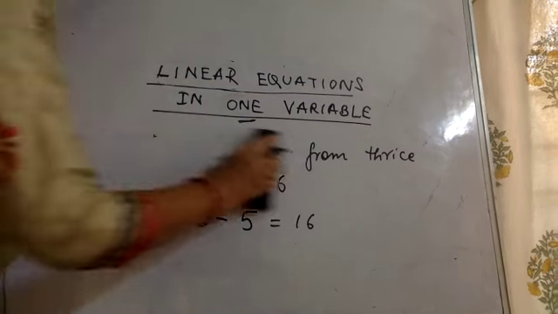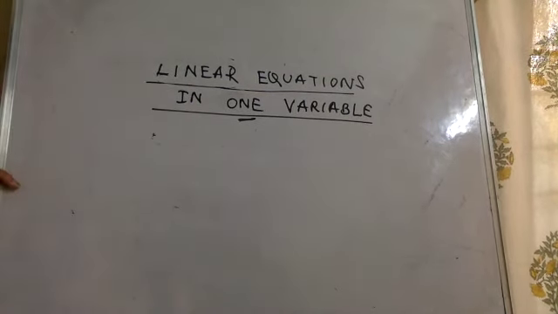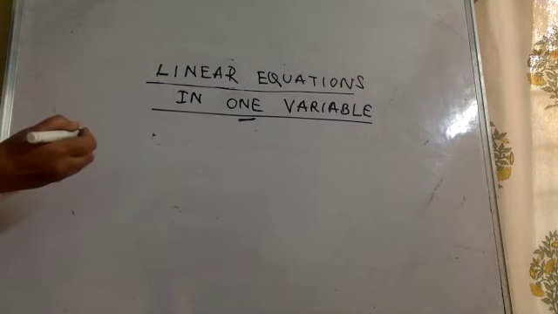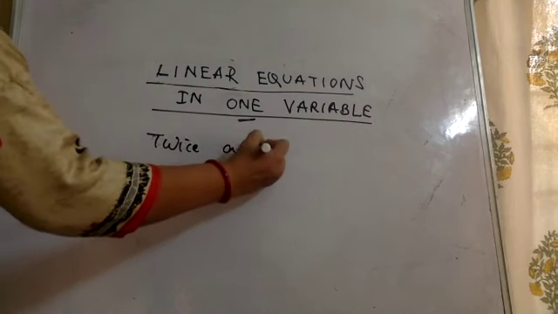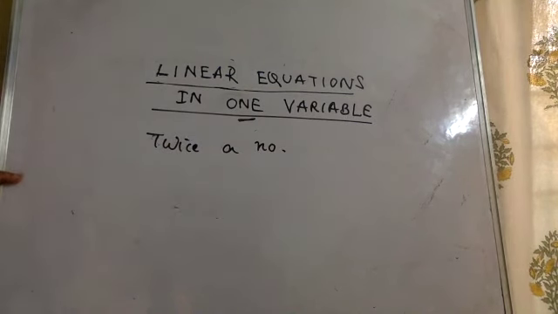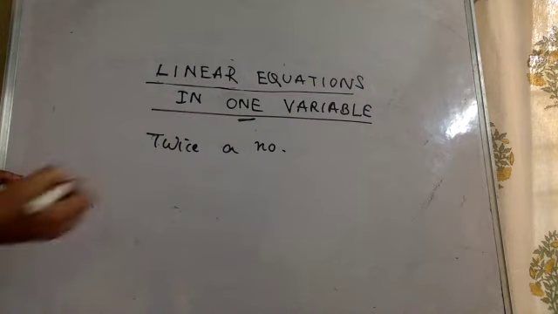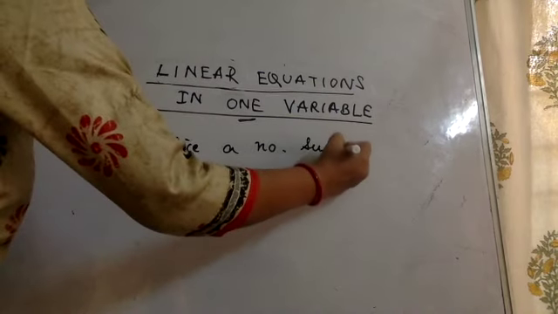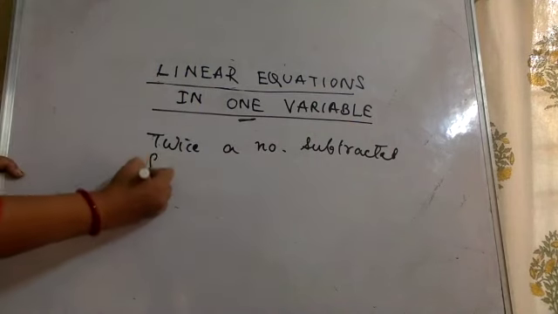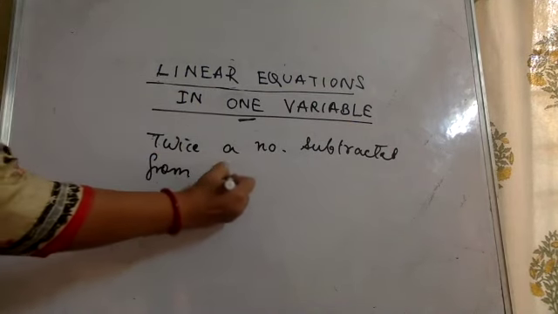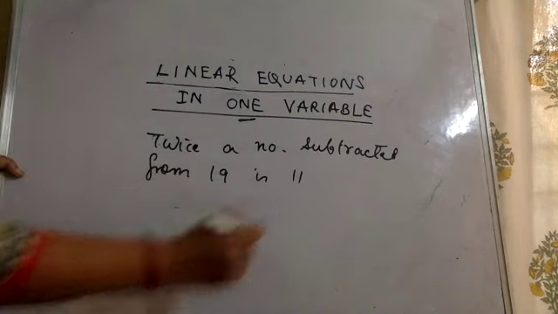We'll take another one with a subtraction. Twice a number subtracted from 19 is 11.